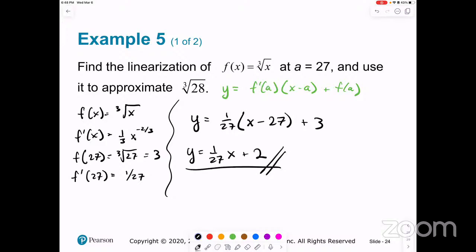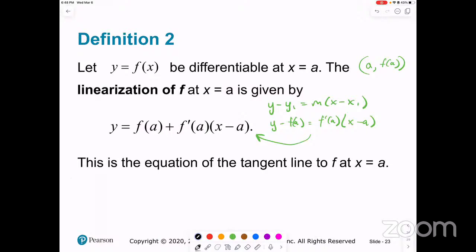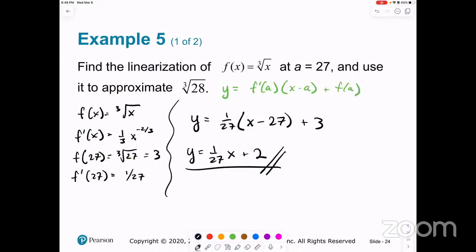Is it equal or approximately equal to? So this is equal. If we want to evaluate the cube root of 28, that basically means let x be 28. It should be 28 over 27 plus 2.